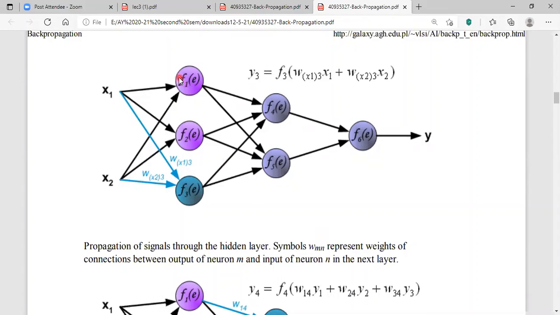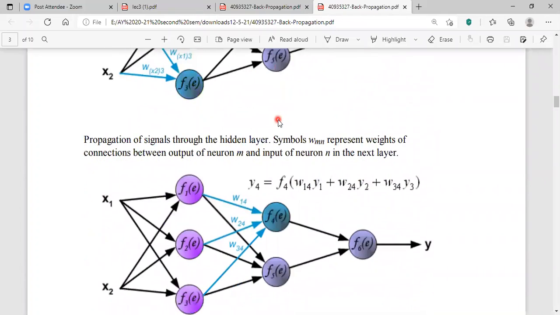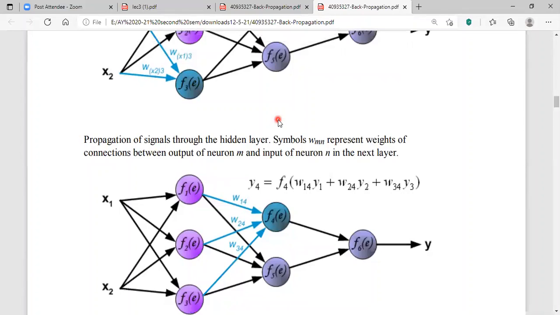M represents the output of neuron m of this layer, and n represents the input of the hidden layer.